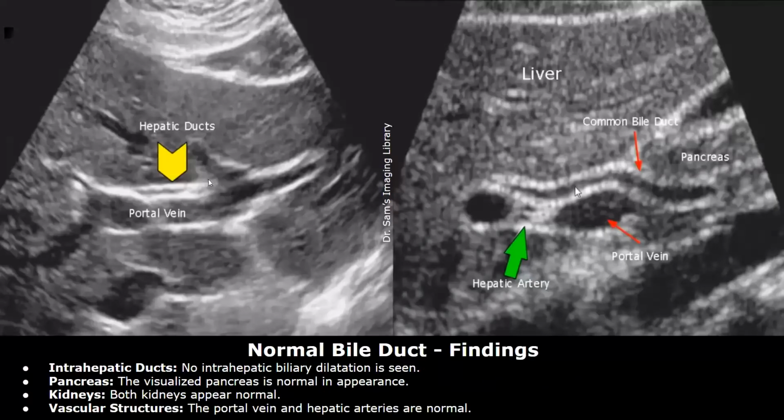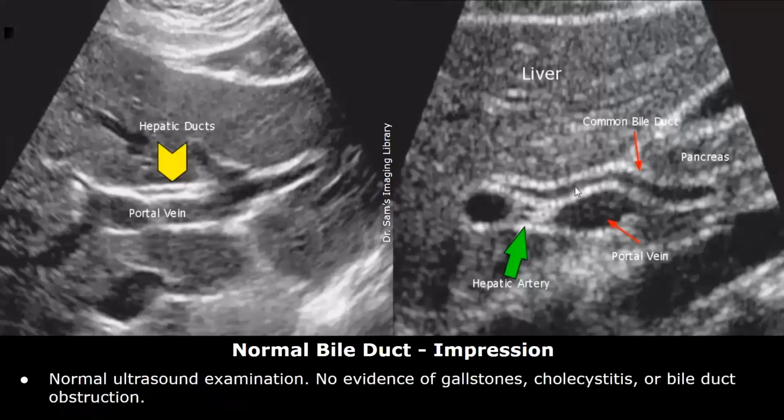Intrahepatic ducts: no intrahepatic biliary dilatation is seen. The pancreas is visualized and is normal in appearance. Both kidneys appear normal. Vascular structures: the portal vein and hepatic arteries are normal. Here is the impression. Normal ultrasound examination. No evidence of gallstones, cholecystitis, or bile duct obstruction.